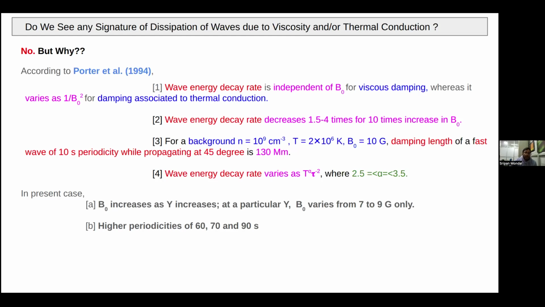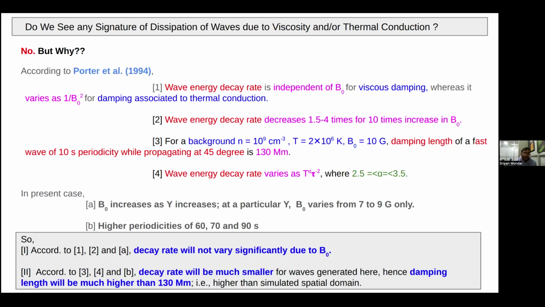So we can conclude that according to 1, 2, and A, the decay rate will not vary significantly due to magnetic field strength. According to 3, 4, and B, the decay rate will be much smaller for waves generated here. Hence, the damping length will be much higher than 130 megameter, which is higher than our simulated spatial domain. So due to these reasons, we do not see any signature of dissipation of waves in our simulation domain.